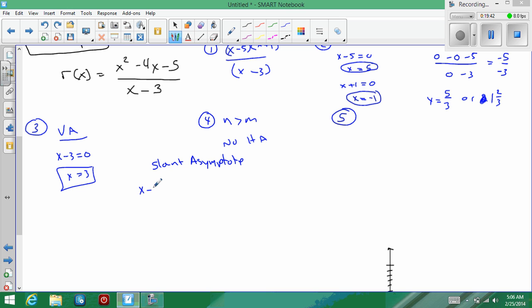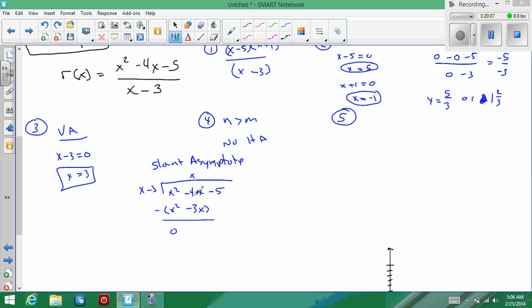So x minus 3 divided into x squared minus 4x minus 5. We ask ourselves, what do we multiply times x to get x squared? That would be x. Distribute the x times the x minus 3, we get x squared minus 3x, and we are going to subtract going straight down.